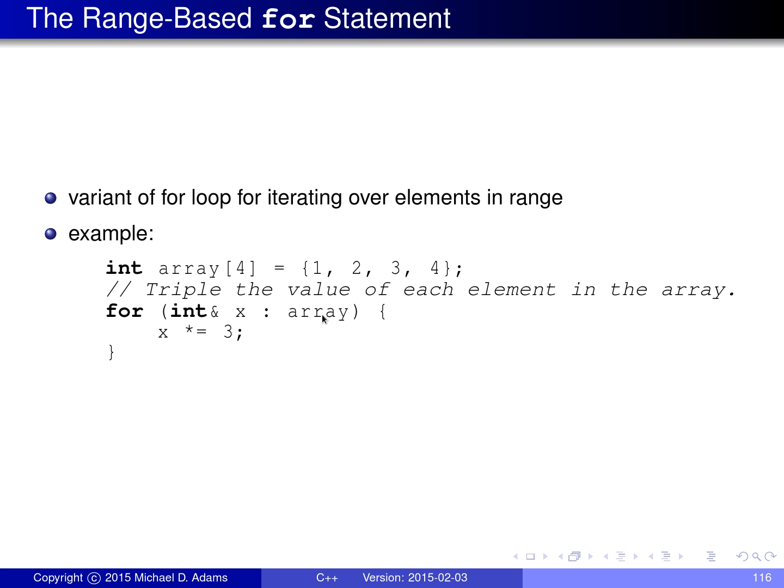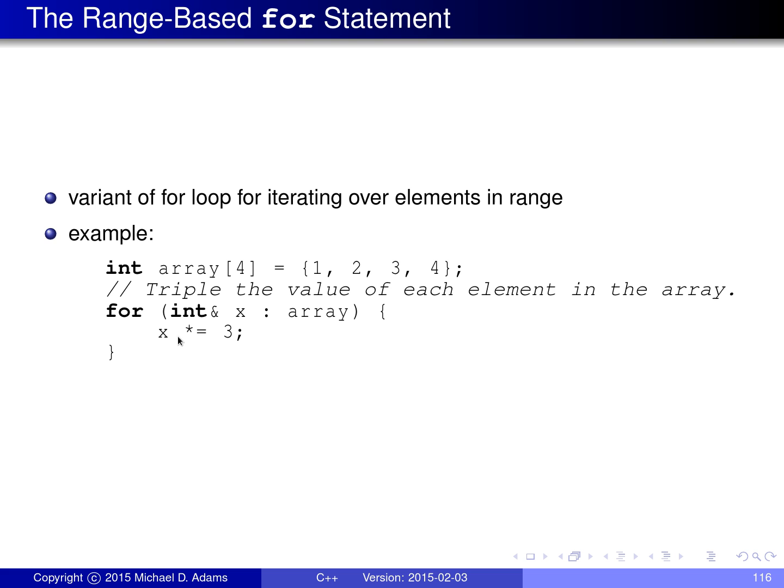The first time through the loop, x is a reference to an integer, so it refers to some integer. The first time through the loop, x will refer to the first entry in the array. The second time through the loop, x will refer to the second element, then the third time through the third element, and the fourth time through the fourth element. So each time through, x is going to refer to successive elements in the array called array.